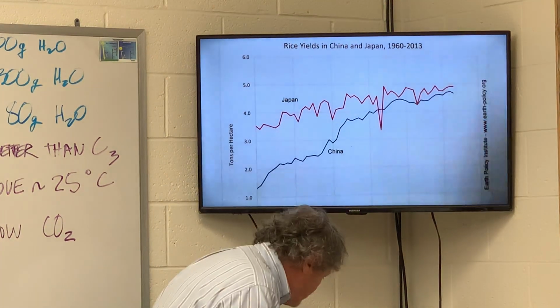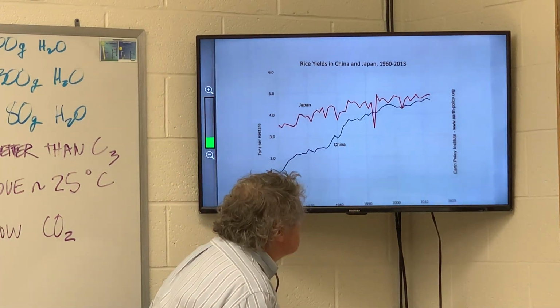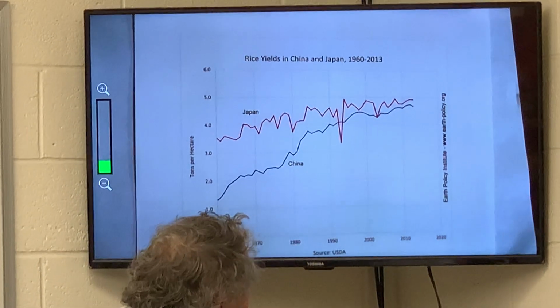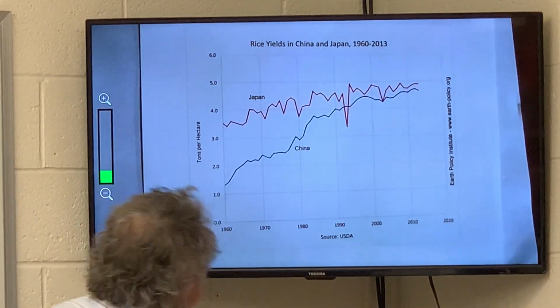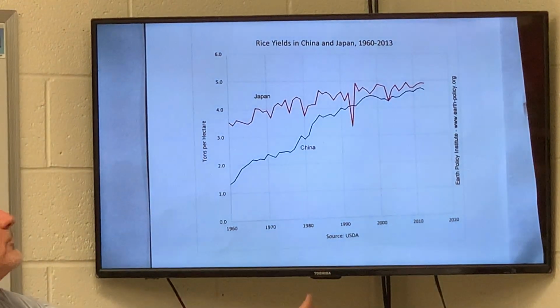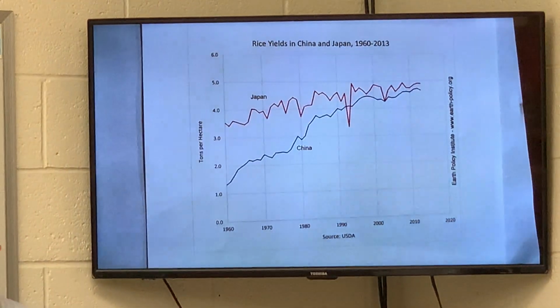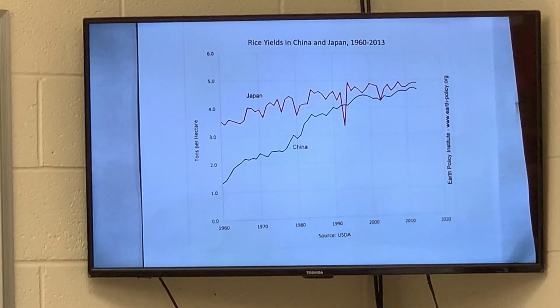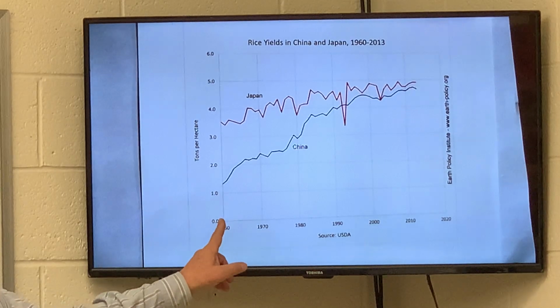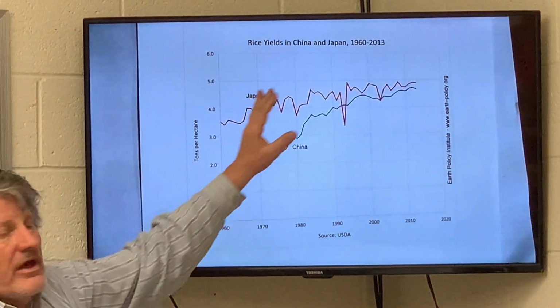Let's see. Take this off. Oh, that's a little too big for this graph. Hold on. There. Is that focused? Pretty good. Rice yields in China and Japan since 1960. Now we're getting up, and the lines are going up.